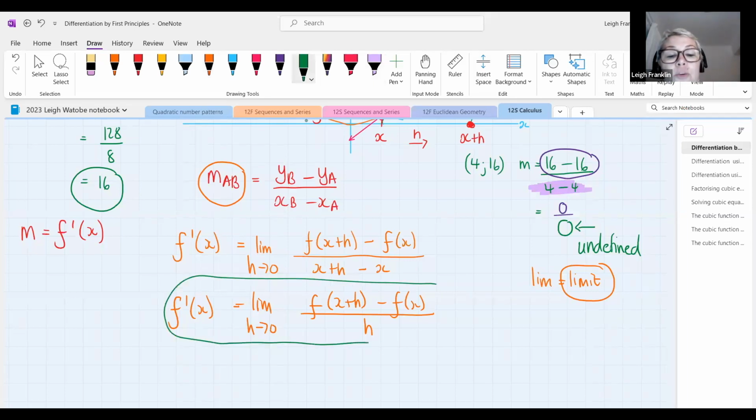No one is going to expect you to explain what I've just told you. But rather than having a lesson where you don't understand what f prime x is, or that it's the gradient and comes from the gradient formula, you can now work with meaning if you understand where it comes from. The rest of it is just substitution and algebra.